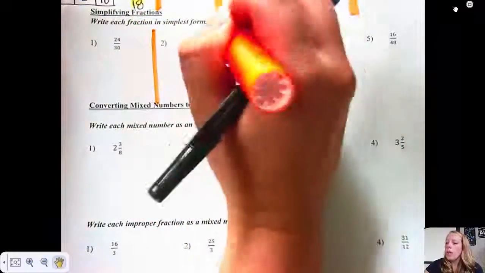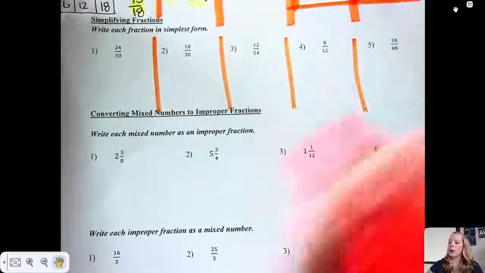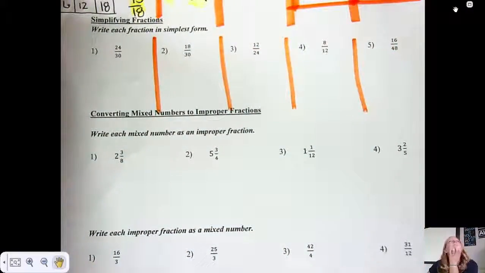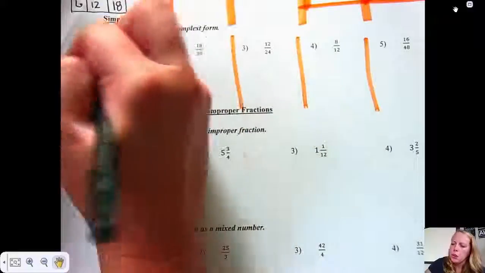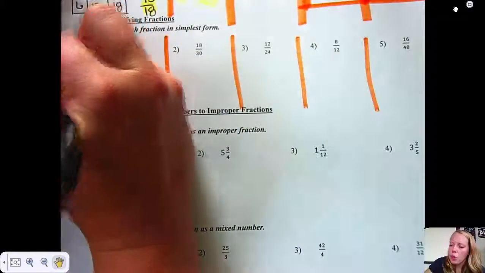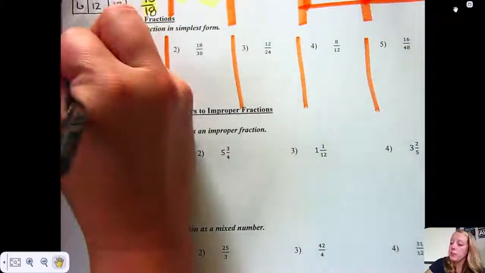So let's start off with number 1. You have 24 and 30. Well, what is a number we could divide both of them by? We could do 2. So think about, what's 24 divided by 2? Well, that would be 12. What is 30 divided by 2? That would be 15.